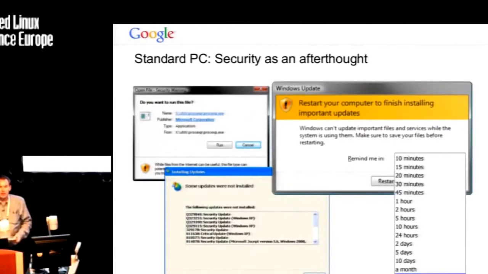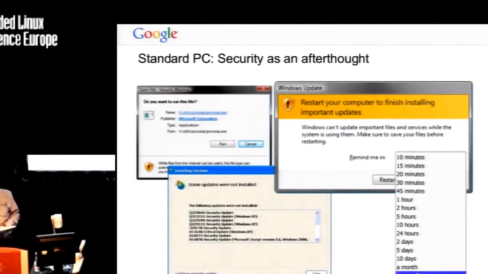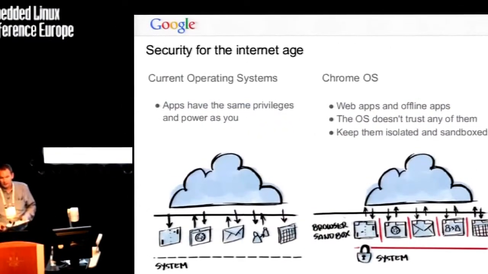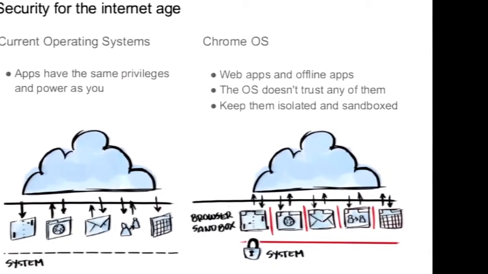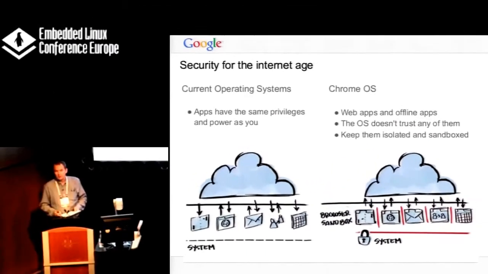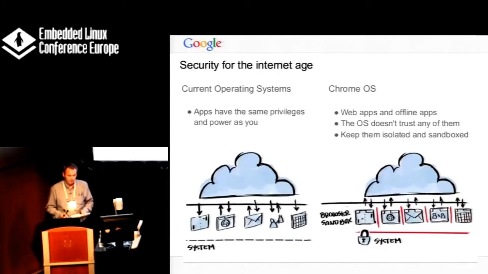Now, an interesting thing about Chrome OS is that the security was built in from the start. It was not put in afterwards. And the idea with the security model is essentially that we don't trust any of the applications, even Chrome, the web browser. We don't trust that. Everything runs in a sandbox, and the OS keeps everything isolated.